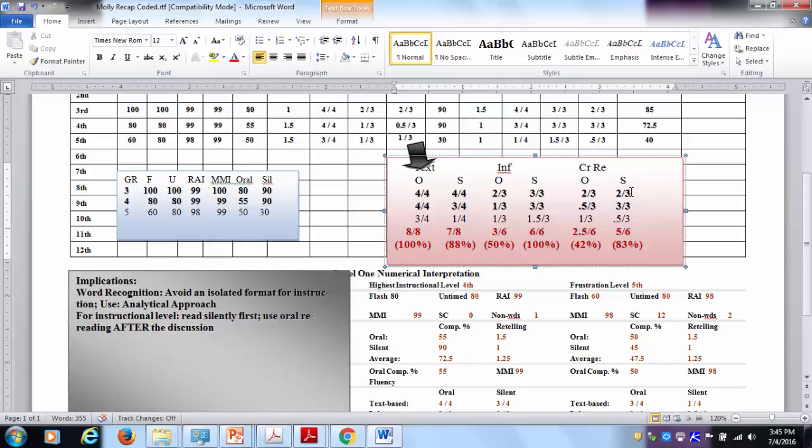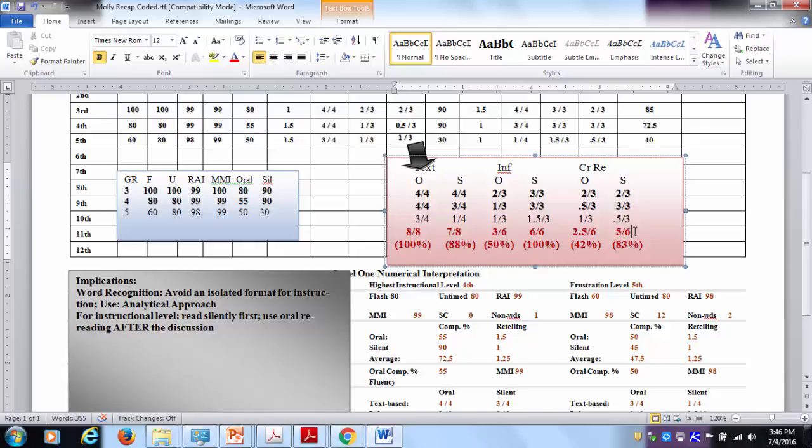But notice here, after silent, Molly was successful with 5 of 6 for a score of 83%. So it reinforces our position that Molly would benefit tremendously from silent reading for her instruction at her instructional level.